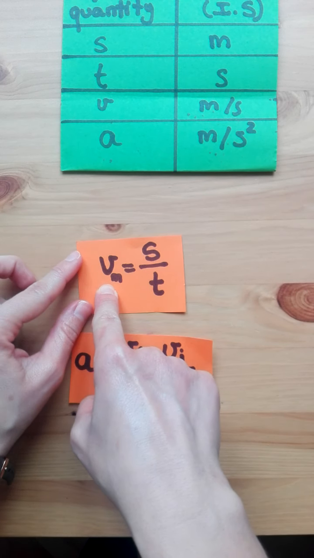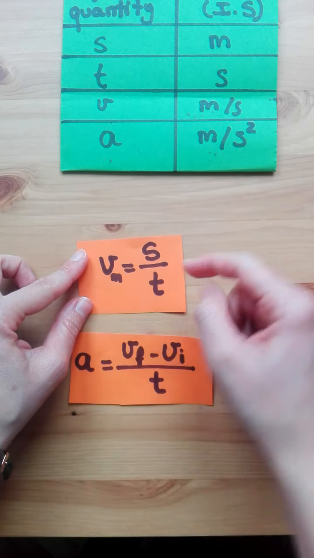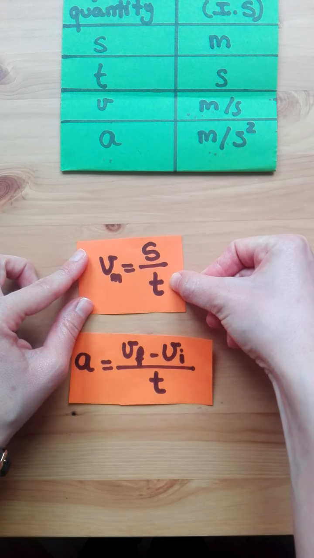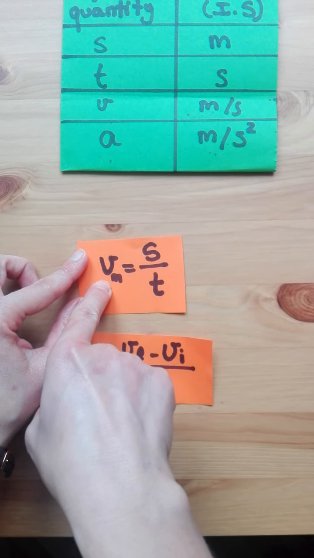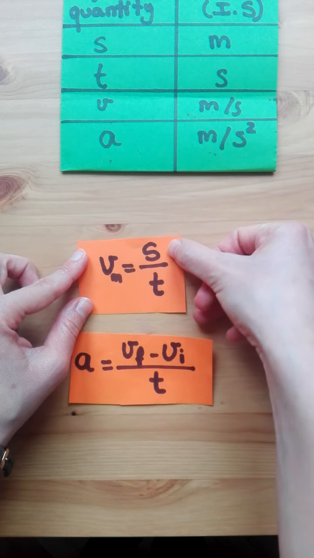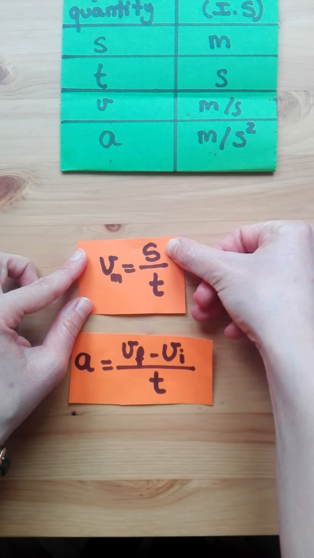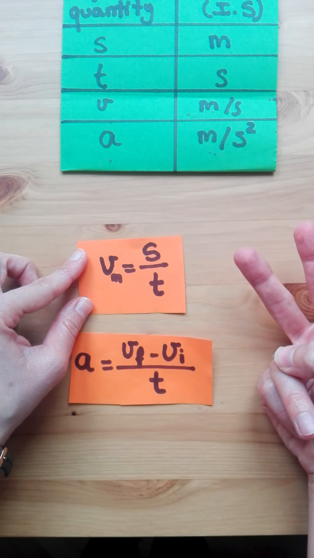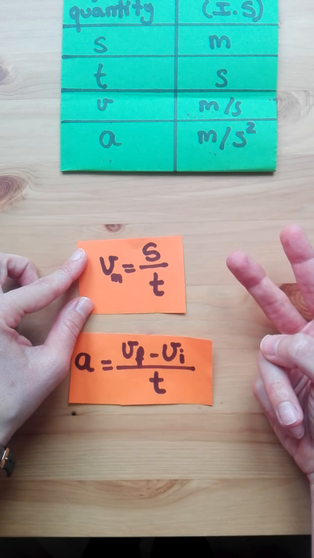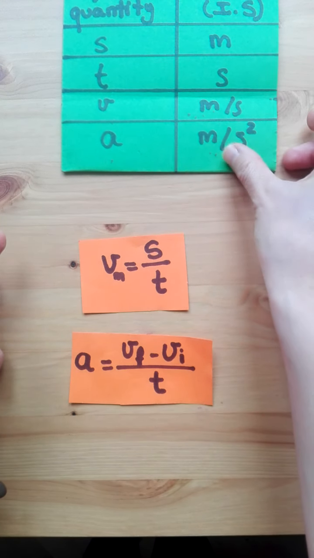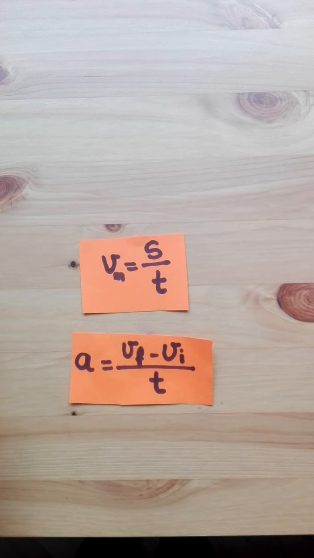Okay, you can do it. But if you use kilometers per hour, you need to use kilometers for the distance traveled, and for the time, hours. Something you can never do is, for example, putting the unit for the speed, kilometers per hour, and then the unit for the distance traveled, meters. Because you would have two different units for the same physical quantity. You would have two units for the distance, meter and kilometer. There is something you can never do, okay? Only one unit for each physical quantity.